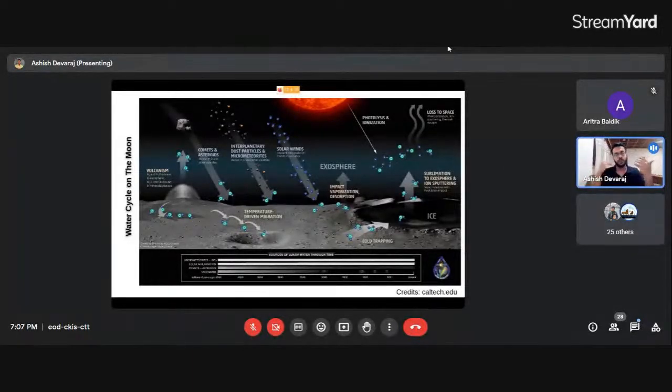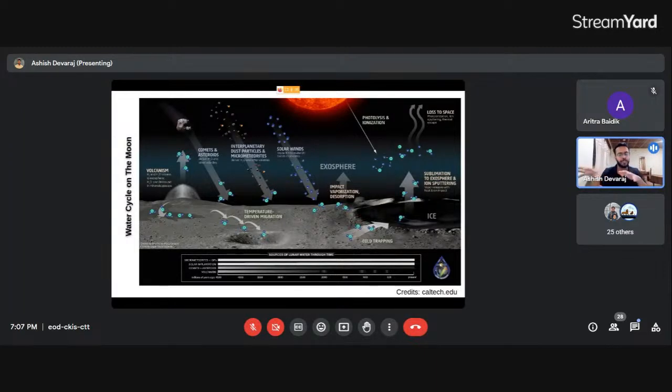Even though it is a very dry area, even though the temperatures vary drastically, we have a water cycle there. So in this slide, I want you to look at three things. One is the incoming of water, how water reaches the surface of the moon. Second, how it escapes from the surface of the moon.